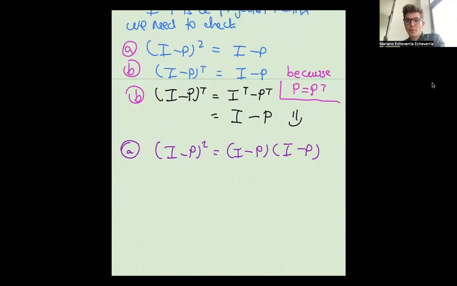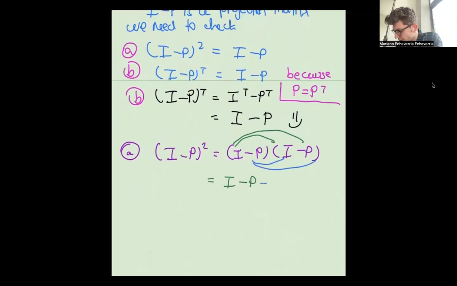And then what can you do when you get to this point? We just multiply it like normally, keeping the order. You can distribute. So if you distribute, you get I minus P for the first distributive, and then the other two are minus P plus P squared.